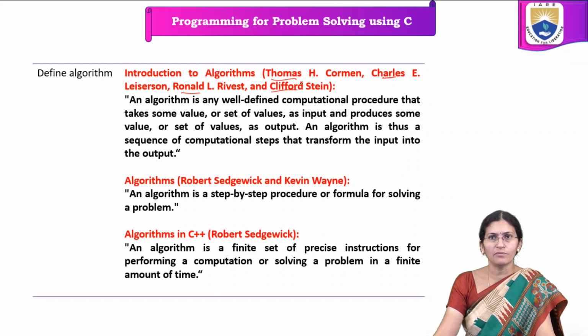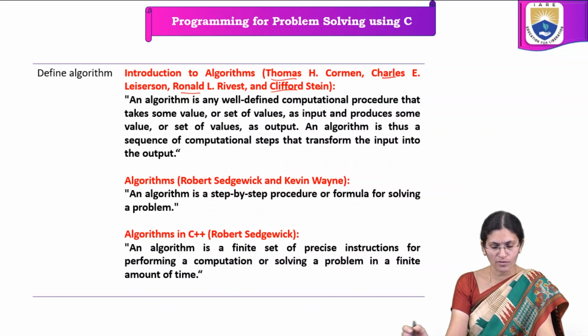Algorithm is any well-defined computational procedure which takes some value or set of values as input and produces some value or set of values as output. Algorithm is thus a sequence of computational steps that transforms the input to output.